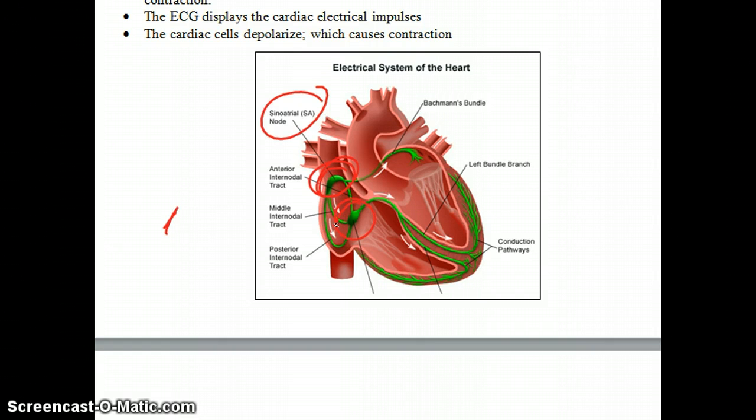Now on this diagram, the bundle of His is not labeled, so you'll need to add that to your drawing, but this area right here, that is the bundle of His, or the AV bundle. From there, the impulse then goes to the right bundle branch and the left bundle branch, respectively. So the left bundle branch is labeled here, and it's this pathway here, and then here is the right bundle branch. Then from there, it goes on into the Purkinje fibers.